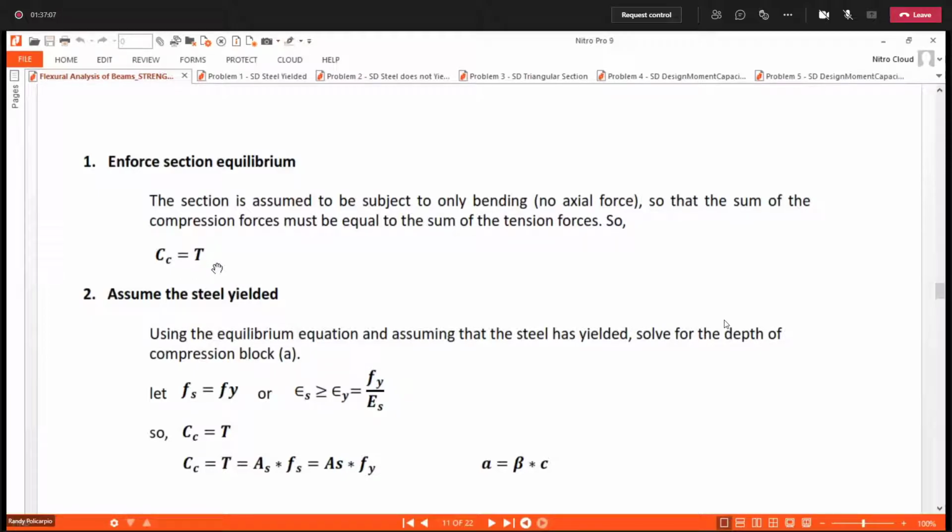Now when we equate our T in terms of AS and the stress, ito yung mga condition na binigay kanina. Kapag yung epsilon S natin is equal or greater than epsilon y, your epsilon S will be equal to Fy over ES. So automatic yan, or Fs is equal to Fy. So yun yung mga dapat natin consider.